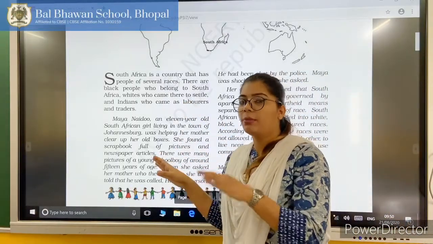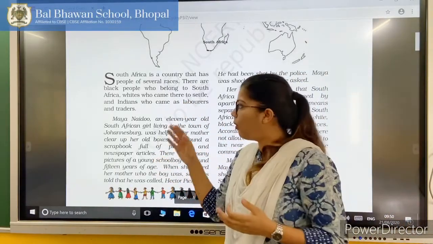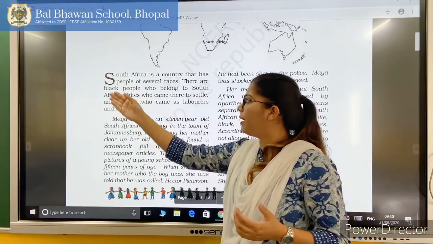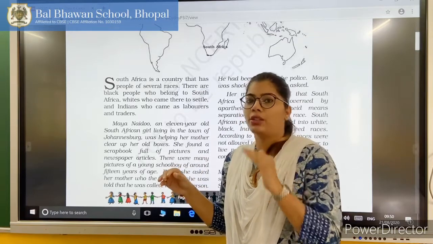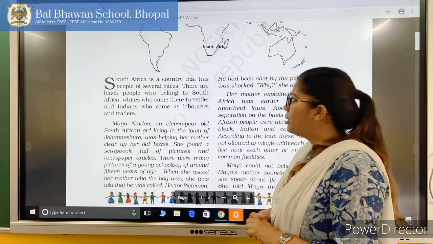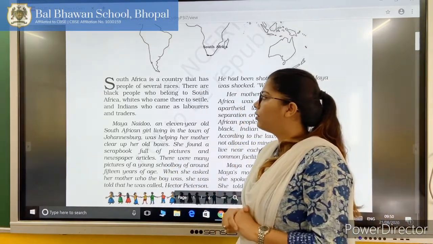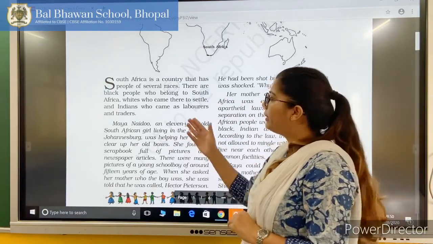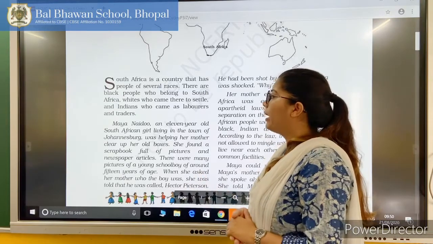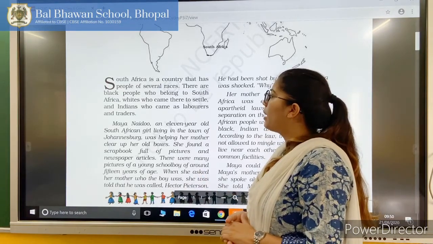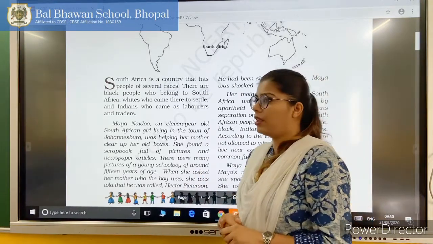White people, on what criteria are they being called black or white? On the basis of their color or skin tone. The white people came to South Africa and settled there for work, occupation and jobs. Indians came as laborers and traders.